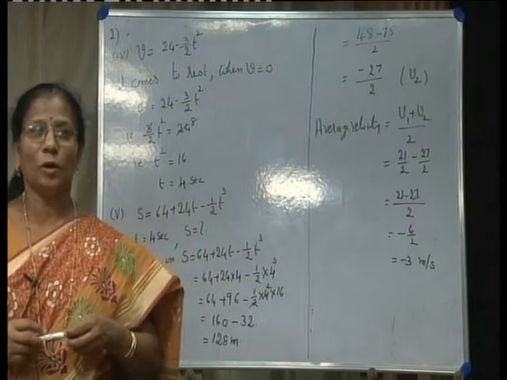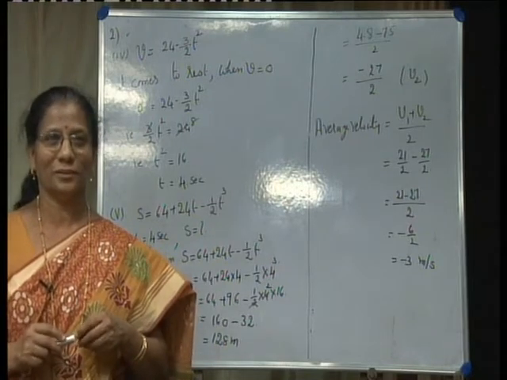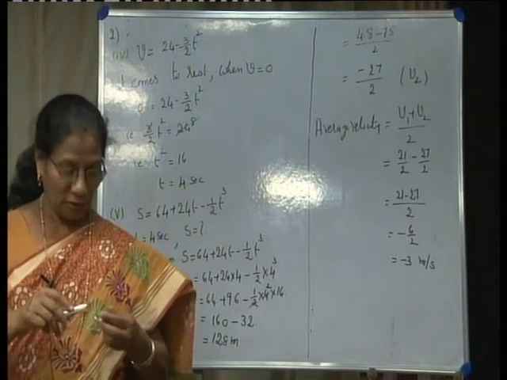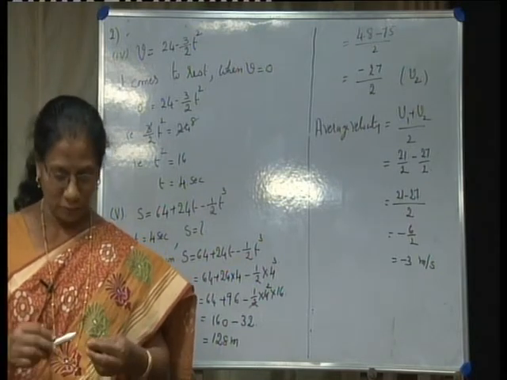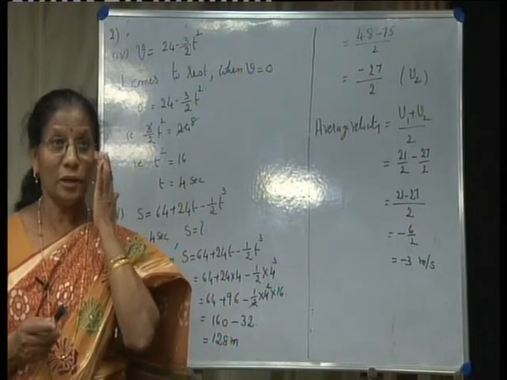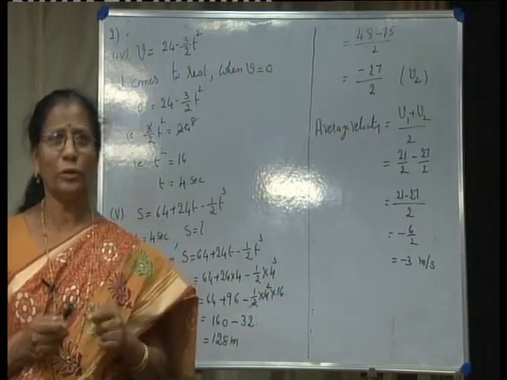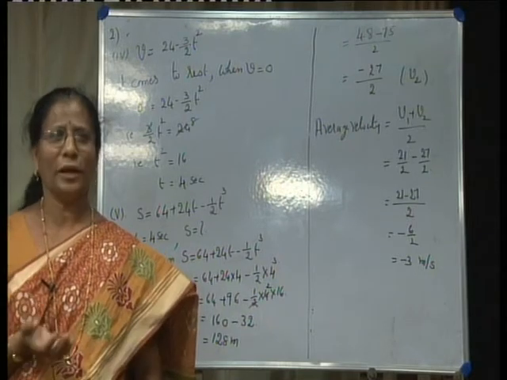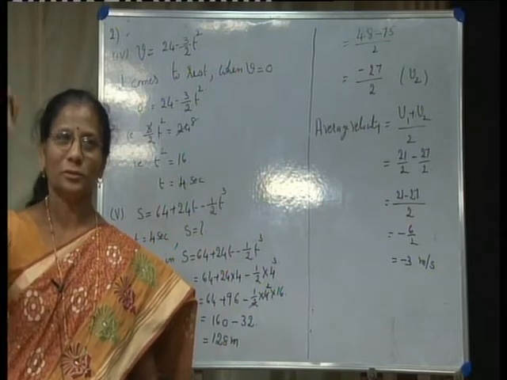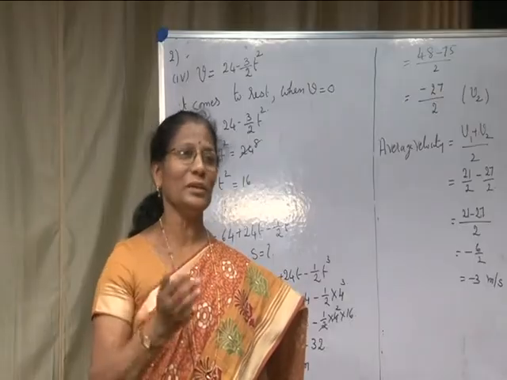Here in the single problem I have shown everything: how to find the velocity and the acceleration when the particle comes to rest. When the velocity is 0, the particle comes to rest. You know it very well, when you apply the brake, the vehicle will not stop immediately, it moves some distance, then it stops.